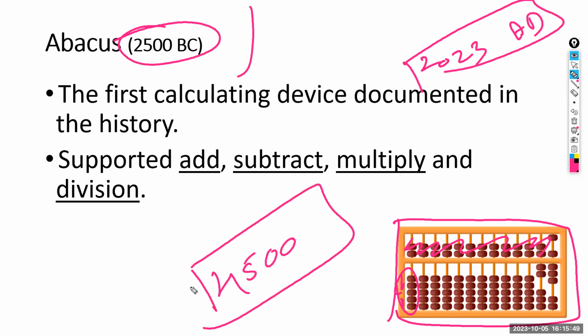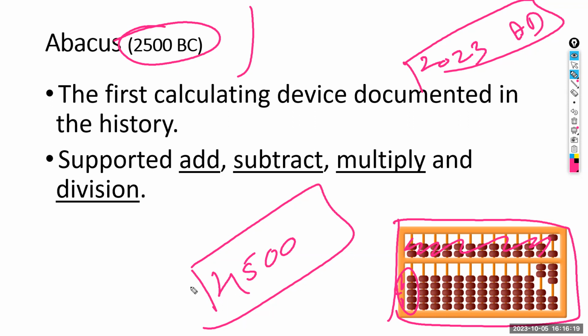So you can see how long ago people started looking for computing devices. That means we have been counting for more than 4,000 years, and the moment people became familiar with numbers, they were looking for some devices to make their life easy.